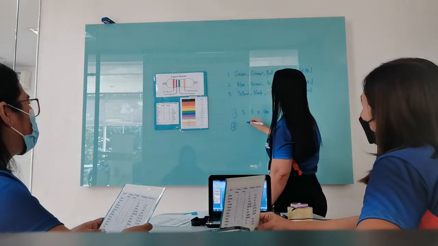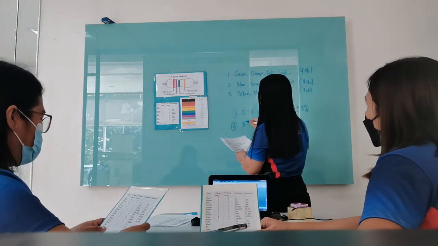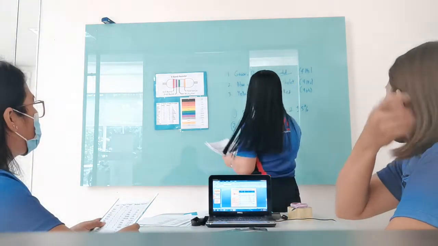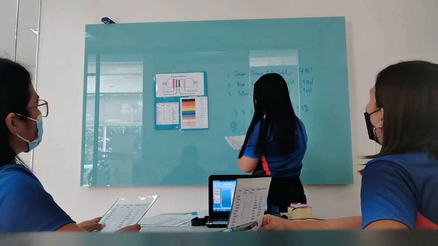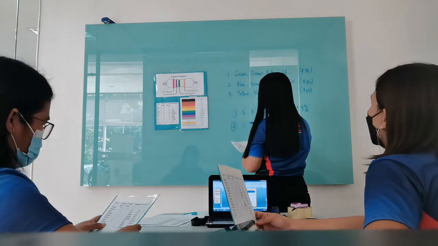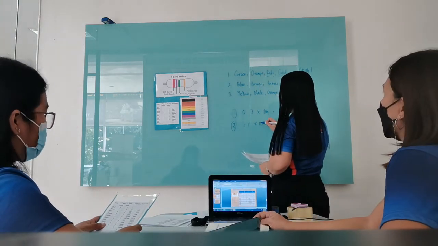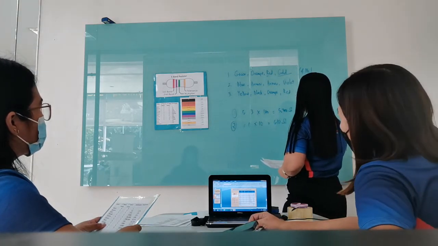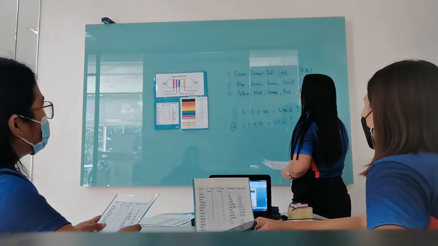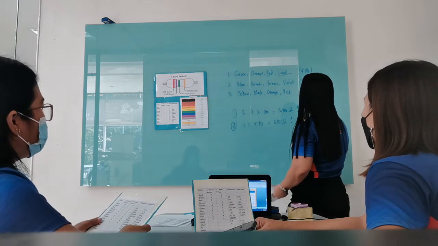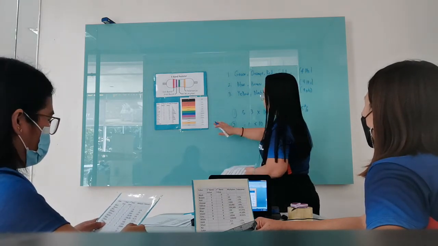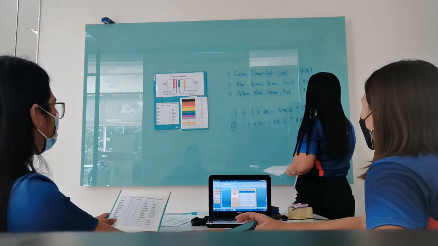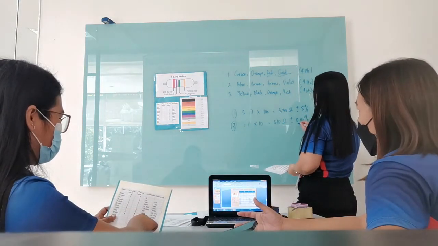And number 2 is blue, which is number 6, and the brown is 1, and its multiplier is 10. So if you multiply that, you will get an answer of 610 ohms, plus or minus the tolerance value for the color violet, which is 0.10%.